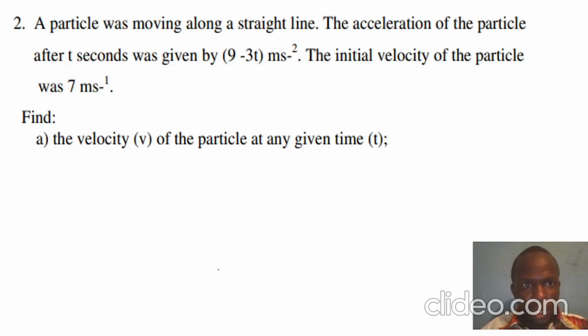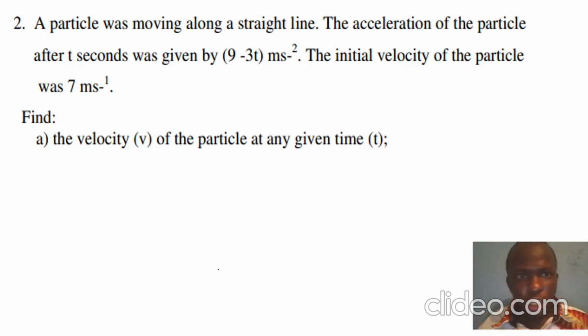The next slide, we have a question from kinematics. Kinematics, like we had mentioned earlier in our previous lecture on differentiation, is a very important area in mechanics that uses differentiation and integration a lot. Now, let us go straight to the question. A particle was moving along a straight line.